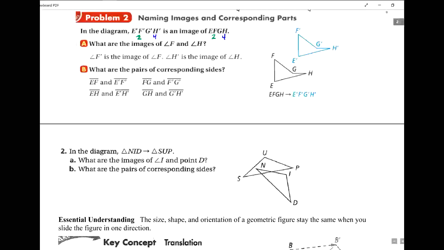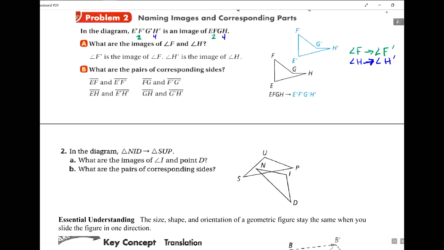H prime is in position 4, so angle H prime is the image of angle H. So we could also write these as angle F maps to angle F prime, and angle H maps to angle H prime, right? Using our new notation. Make nice arrows. Still really not nice arrows.